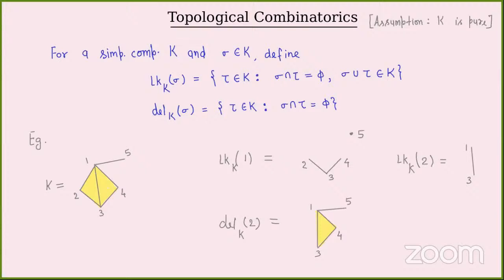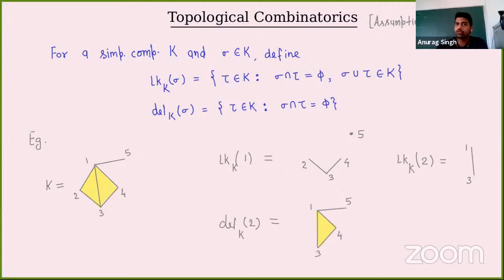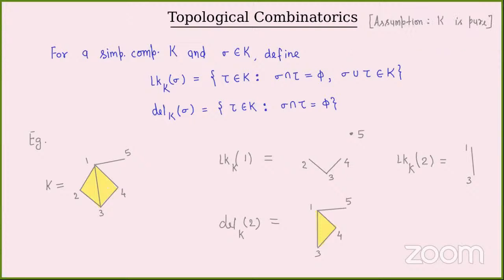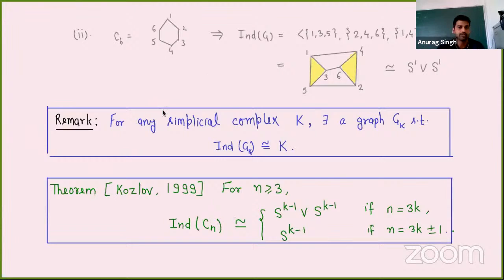When you say simplicial complex, does that mean it has only two-dimensional faces? No, there can be faces of higher dimension, but it's very difficult to draw, so I have not given examples.